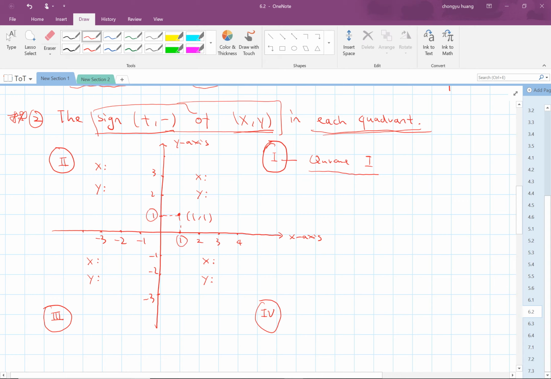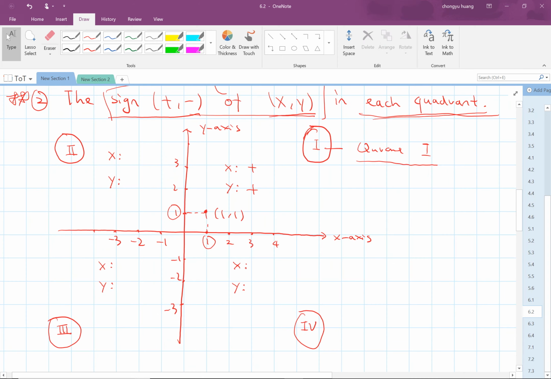Both are positive, right? 1 represents the x. Let me zoom in a little bit. So x equals 1, y equals 1, both are positive. So you write it down, positive and positive. You don't need to memorize those, but it can easily be tested.